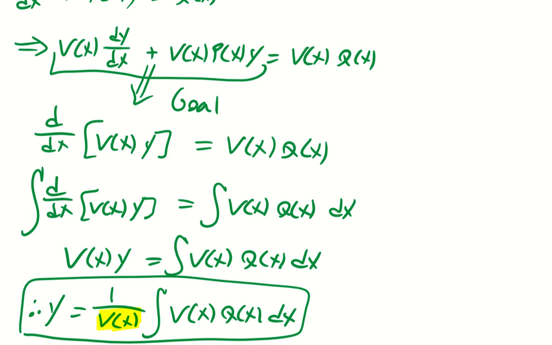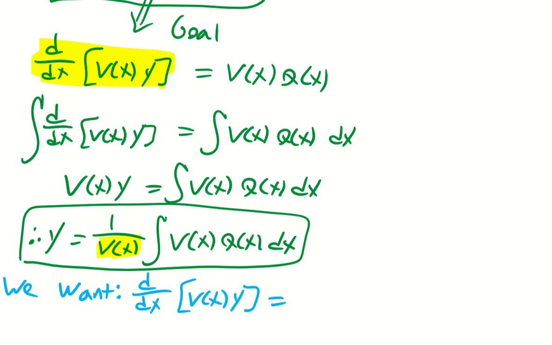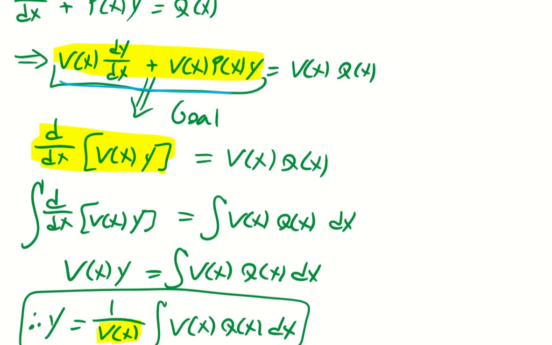Now remember, we've stipulated that this expression here is equal to this expression here. So this should allow us, hopefully, to solve for v of x. So let me write this out to be more explicit. We want d/dx of v of x y to equal this expression here.